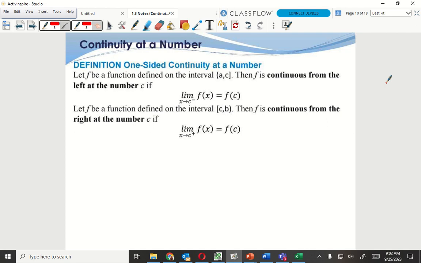So continuity is not the same as limit, because over this interval the limit at C would not exist, since the left and the right both have to go to that number. But if there's no left and it's only asking for right, that means the limit from the right side exists, but not the left side, but it is still continuous.